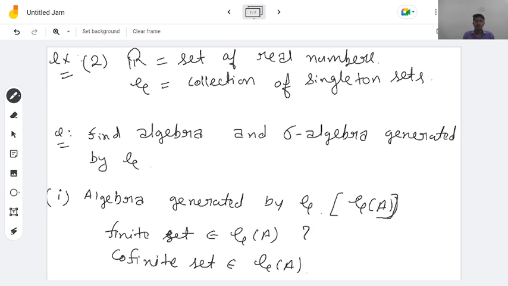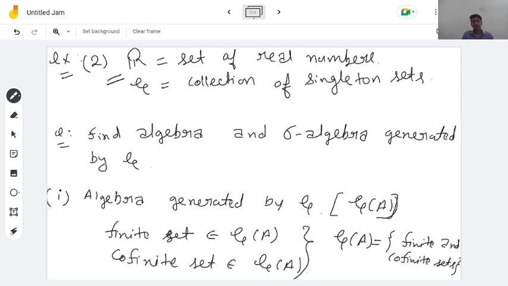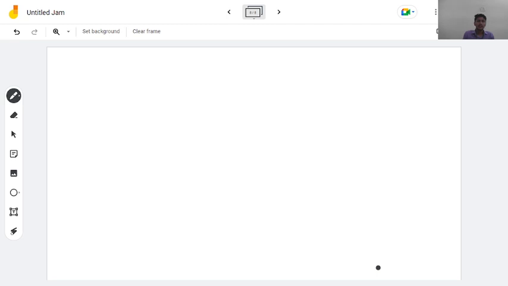Just these two belong there. Therefore, the algebra generated by C will be the set of finite and cofinite sets. This is the same for real numbers as for natural numbers. Now we will move on to the sigma algebra generated by C.